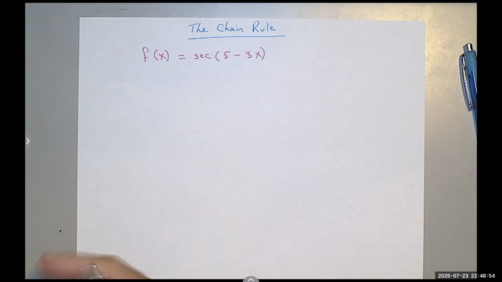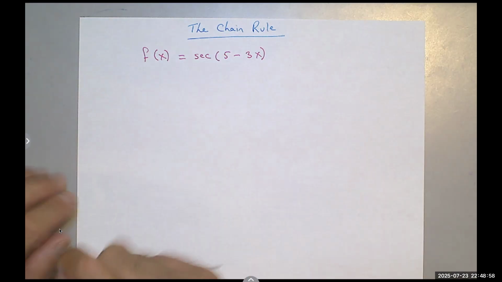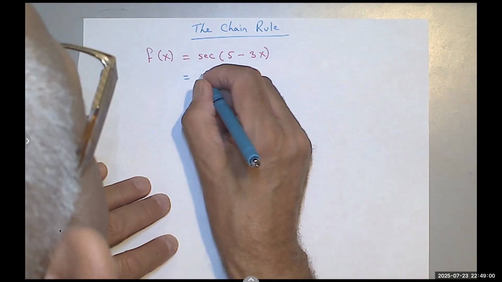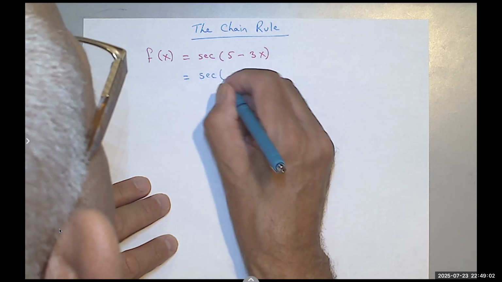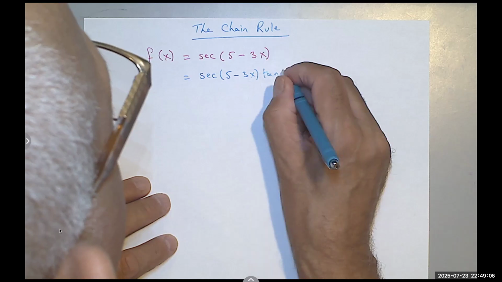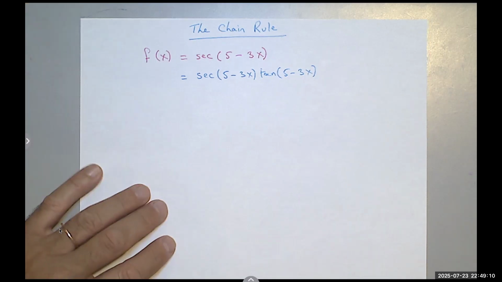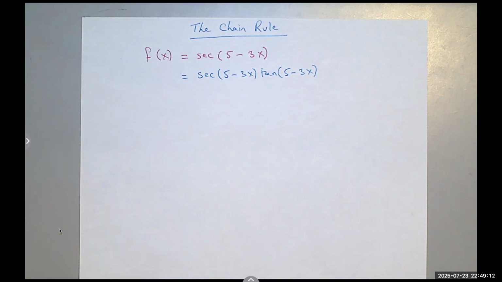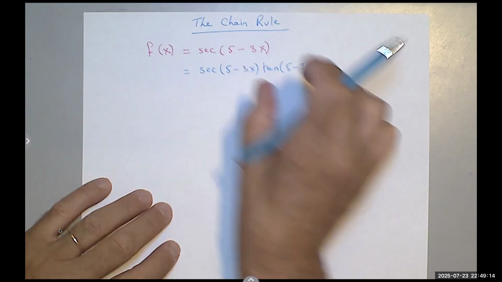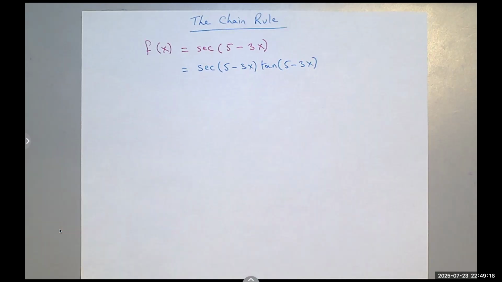So if I tell you what is the derivative of secant x, you say it's secant x tan x. So I'm going to write secant, but instead of x, I write the whole thing, tan x, which is 5 minus 3x. That's the derivative of the secant, meaning if what's inside was x and here x, you would be done.